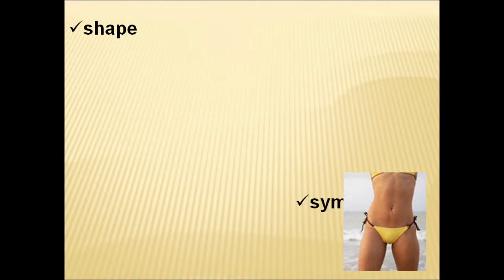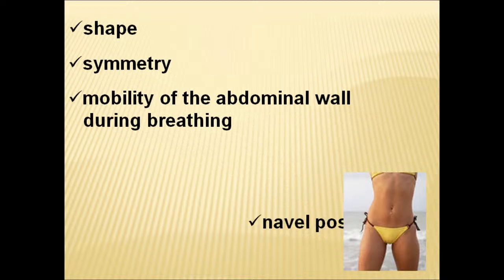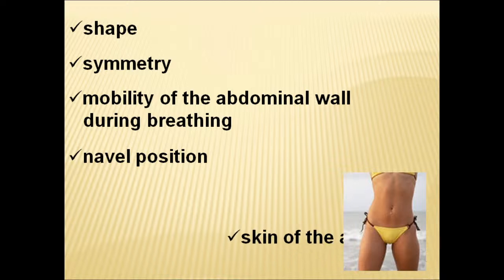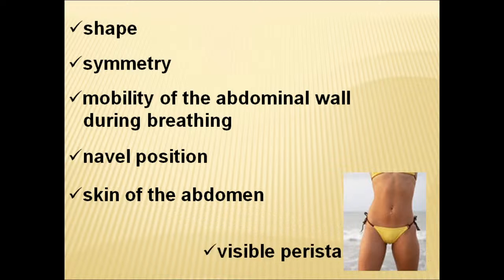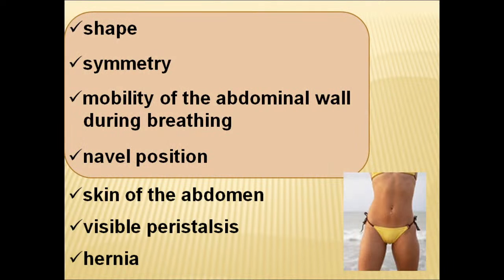When we are talking about inspection of the abdomen, first of all, we pay attention to its shape, symmetry when comparing the upper, lower, right and left sides, divided through the navel. We pay attention to the mobility of the abdominal wall during breathing. It must be movable. And the position of the navel. There are obligatory positions on which you must answer on the exam.